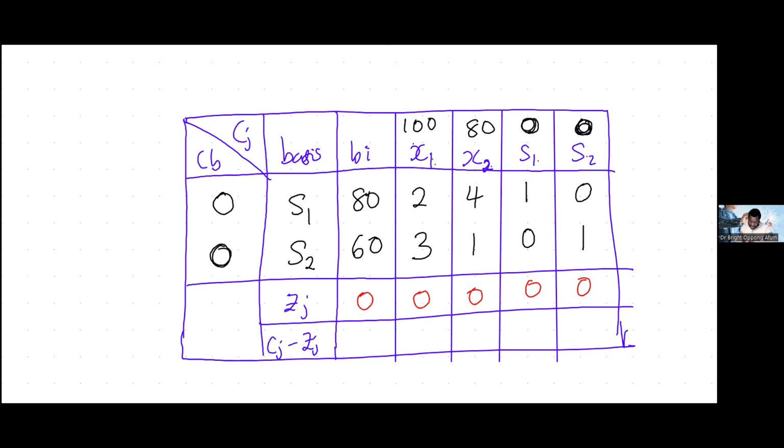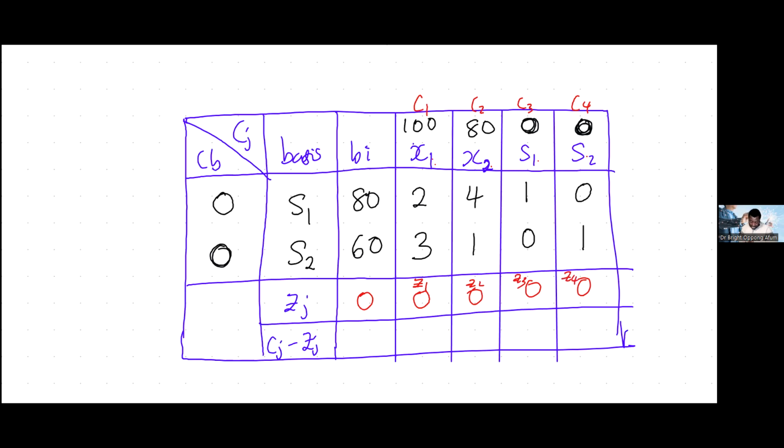Remember, these are the Cj's, C1, C2, C3, C4. And these are the Zj's, Z1, Z2, Z3, Z4, right?